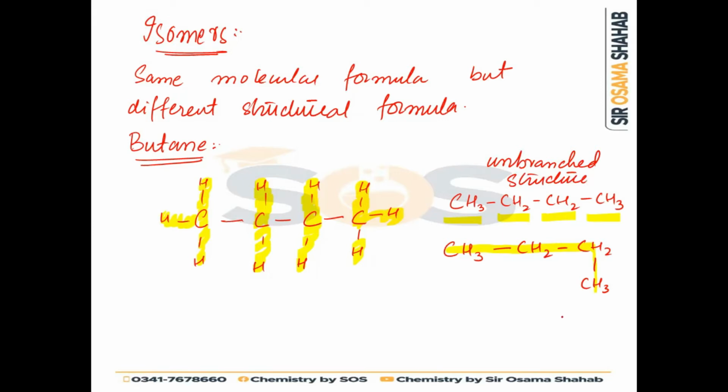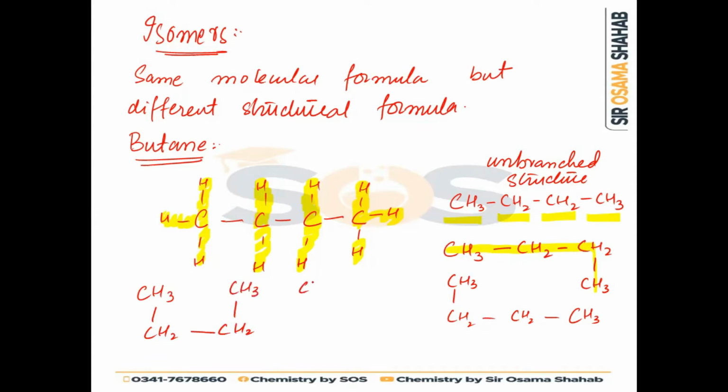It may be drawn like this. For example, I put the first carbon on the top, then the second carbon, so it is again a linear chain. If I put the first and last carbon on the top, it is again a linear chain.